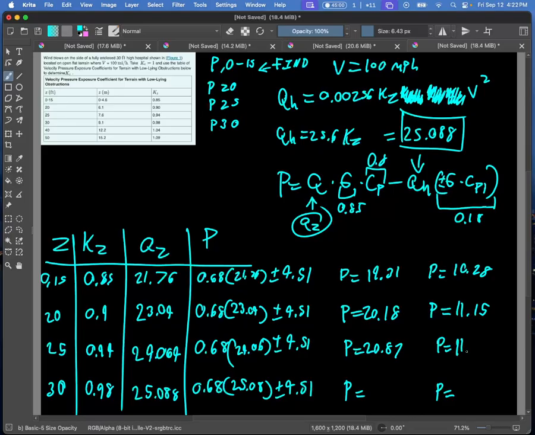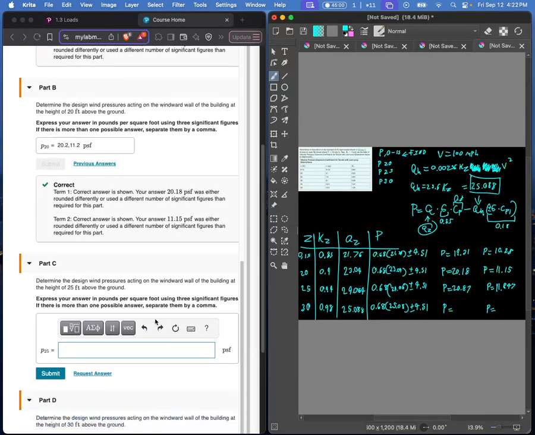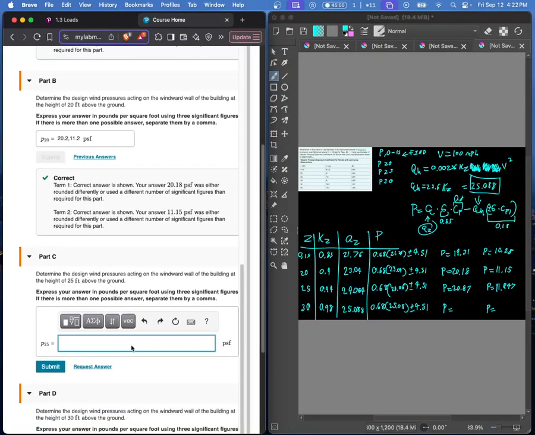And I'm getting 11.847. And check this one again. I want to do it one at a time just in case I make any mistakes. I want to catch it early. So what was it? 20.87, comma 11.847.